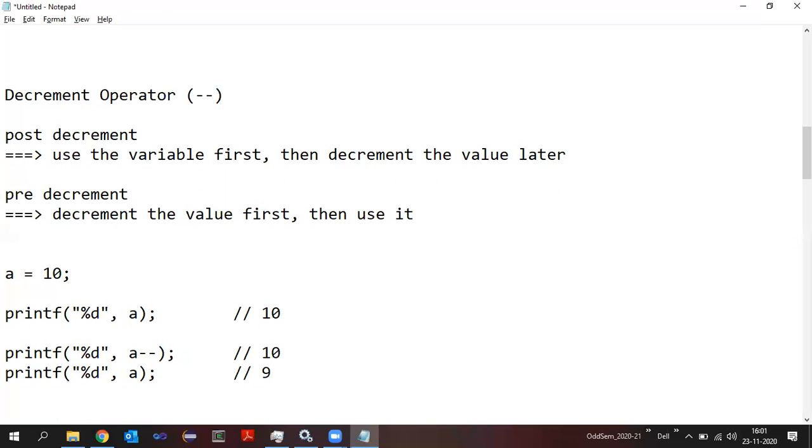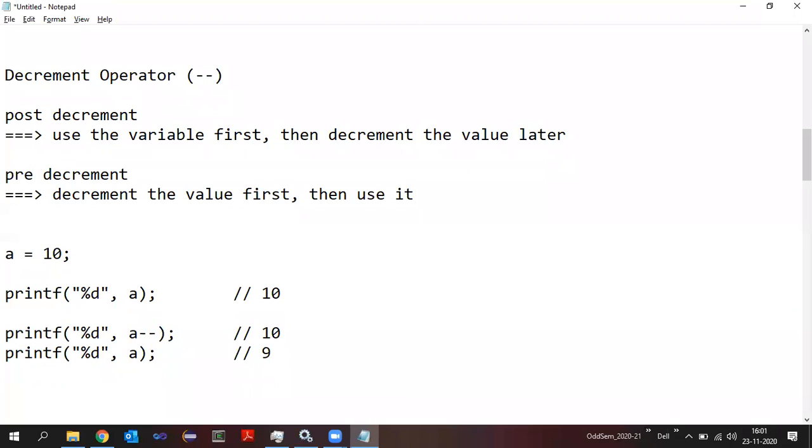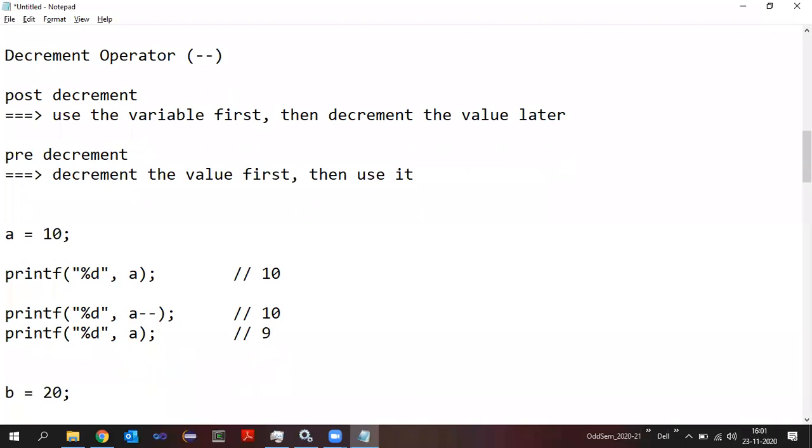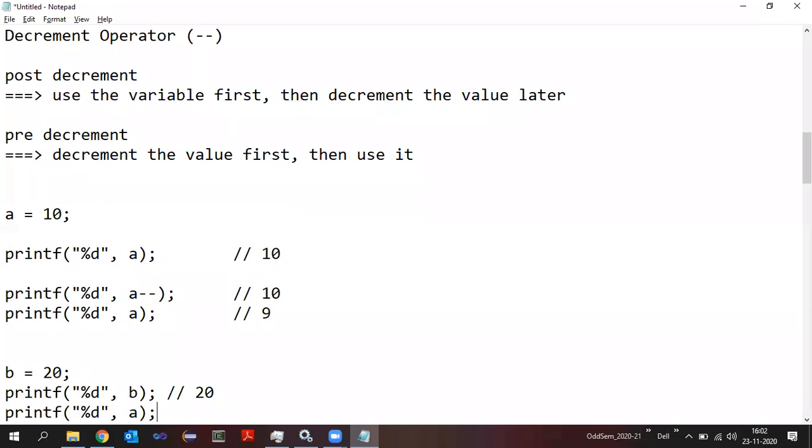Now, on the contrary, if we are writing something with pre-decrementation, say b is equal to 20, then if you display the b value, it will display 20. Then if you do pre-decrementation, minus minus b, notice here minus minus b means decrement, but what type?